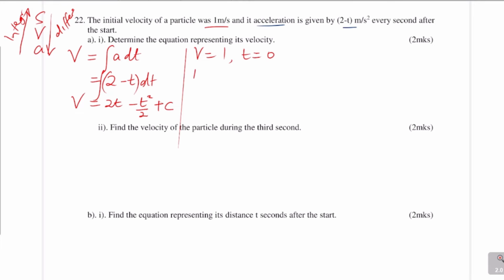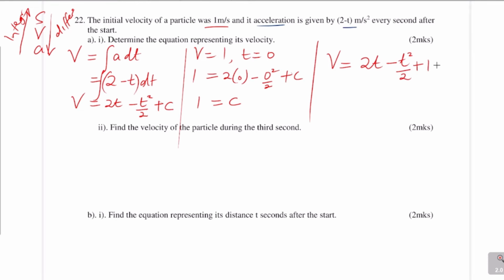So 1 is given by 2 times 0 minus 0 squared divided by 2, plus c. So c will be 1. And therefore the equation for velocity will be v equals 2t minus t squared divided by 2 plus 1. That is the equation representing the velocity.